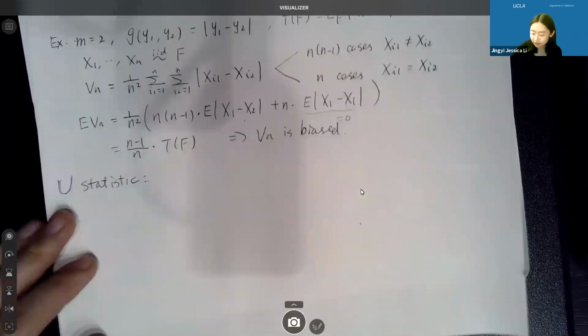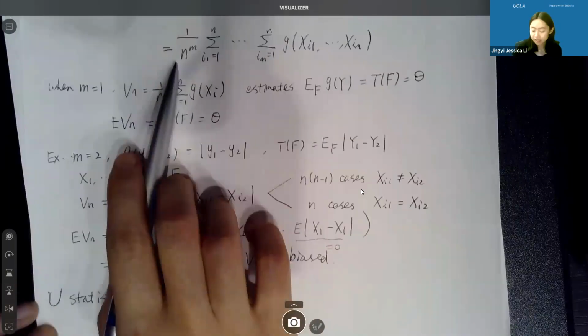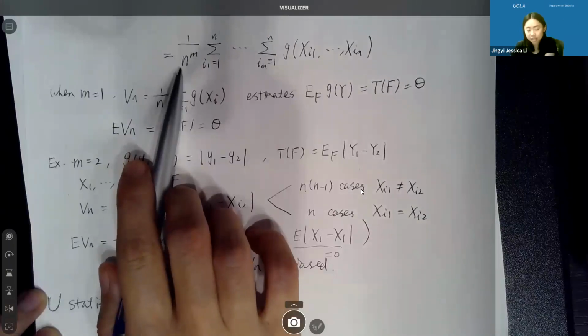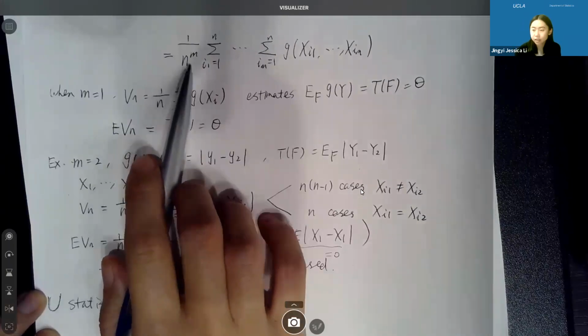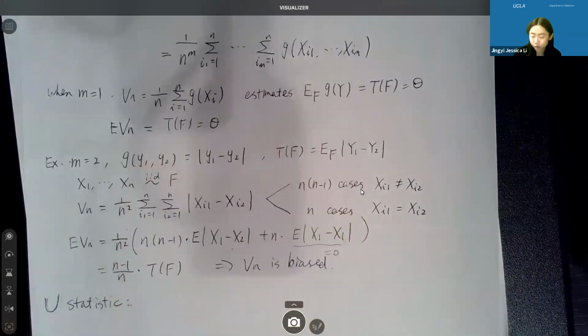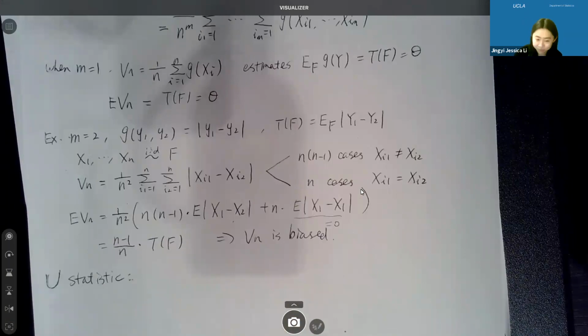So following the Vn definition, just look at it again. For Y1 to Yn, the V statistic is considering all n to the power n possibilities for picking from X1 to Xn without worrying about the repetition. But here we want to get just non-repetitive elements of X1 to Xn.